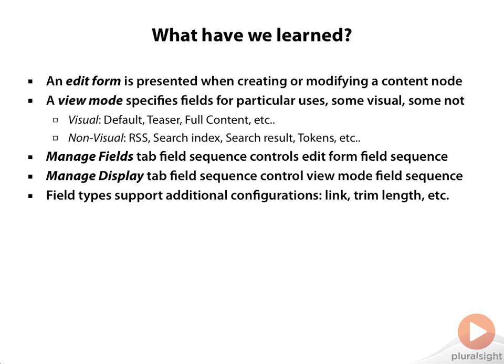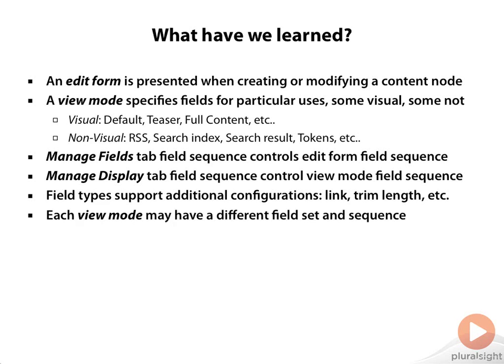full content, etc. But we also saw that certain field types support additional configurations, such as whether or not a title will be linked through to the underlying content, the trim length for a summary field. We saw that there's image styles to format and reformat images and so on.